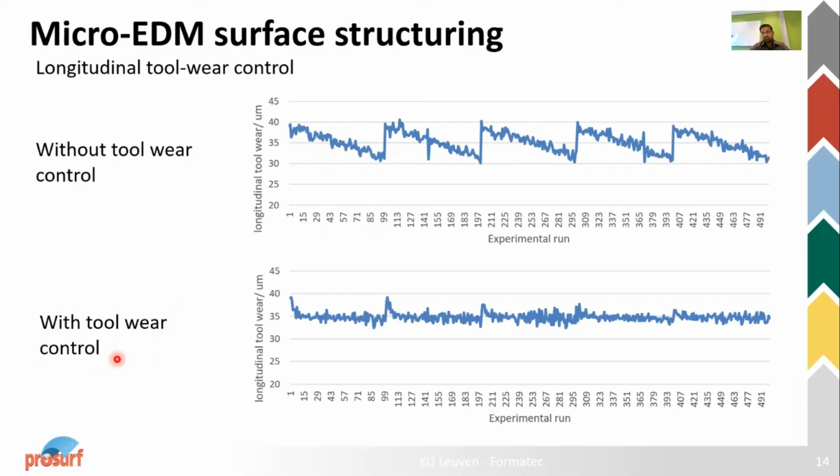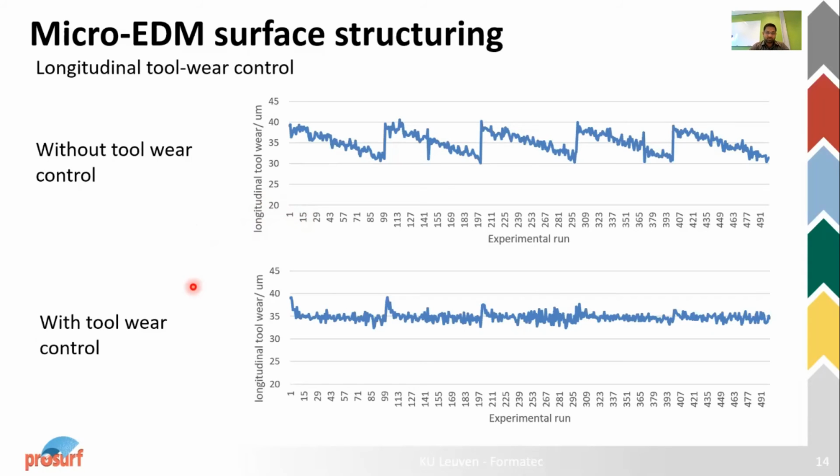So one of our colleagues came up with a new tool wear control technique, which they call run-to-run control. The problem is that when you drill from one dimple to another, you change flushing conditions, you change sparking probability and other scenarios as well. Therefore, if the tool wear in machining the first dimple is around 30 micrometer, it would not be the same when you machine the second or third or fourth dimple.